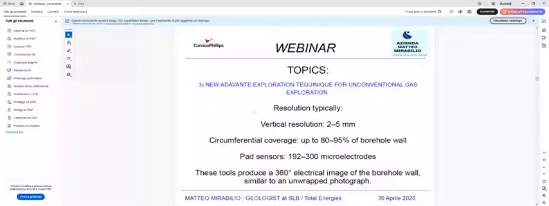This new advanced technique for unconventional gas resources typically has a vertical resolution of 2.5 millimeters. The circumferential coverage is about 18 to 19% of the borehole wall. We are using a pad sensor, and these tools produce a spherical electrical image along the borehole wall, similar to an unwrapped photograph.